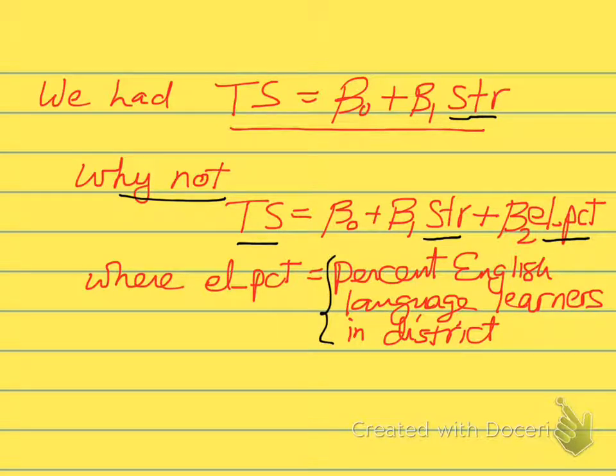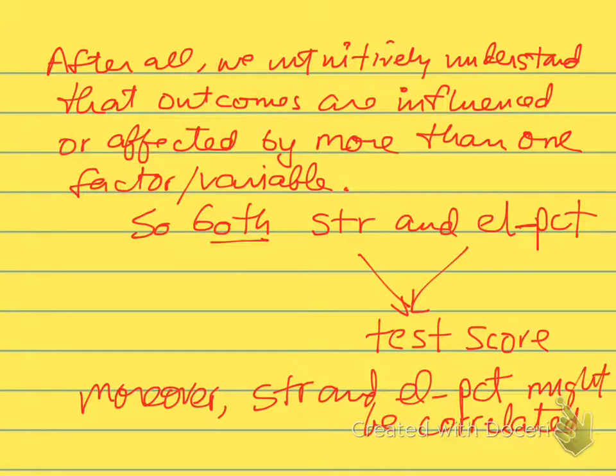So in this model, the student-teacher ratio affects test scores, but also the percent of English language learners in the school district affects the outcome of test scores. Now, we intuitively understand that outcomes are influenced by more than one factor, more than one variable.